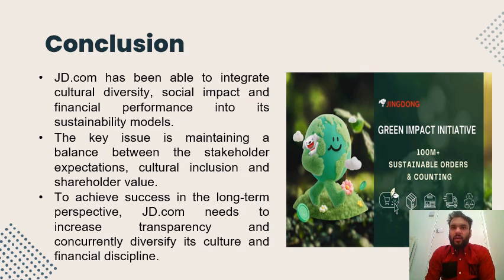To remain successful over the long term, the firm needs to continue to improve the level of transparency within the scope of culture diversity and action. They must remain financially disciplined, and only after that will the promise of becoming a truly sustainable global business be fulfilled. To achieve success in the long-term perspective, JD.com needs to increase transparency and concurrently diversify its culture and financial discipline.